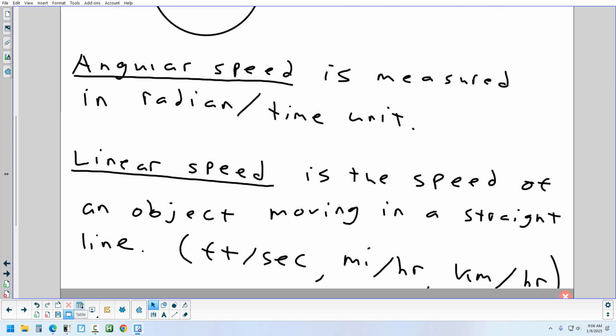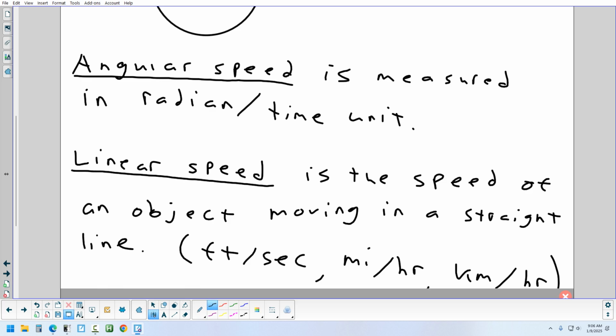When that rope breaks, all of a sudden that object that was tied to the end of the rope is going to take off and go in a straight line. What's happening is the angular speed of its spinning is instantly being converted into a linear speed because the rope broke and it's going to take off straight. So we're going to look at a couple examples of that towards the end.